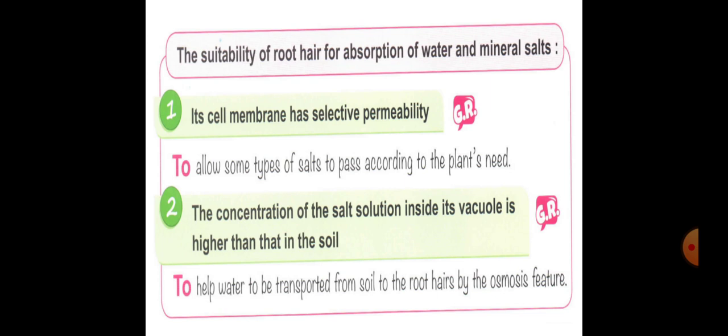What is the meaning of selective permeability? Selective permeability means that it allows some types of salts to pass according to the plant's needs. So, give reason why the root hair's cell membrane has selective permeability. The answer: to allow some types of salts to pass according to the plant's needs.